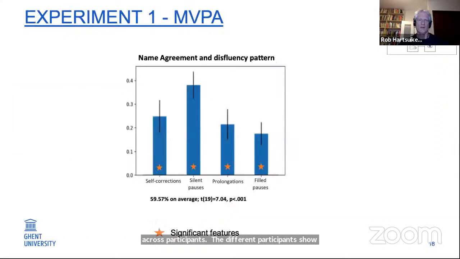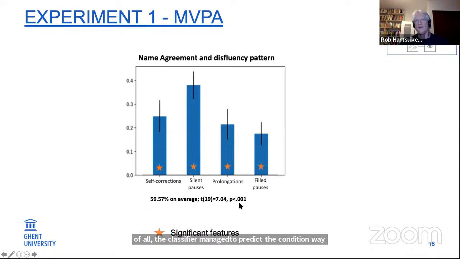And let's have a quick look. So here are the MVPA results for name agreement. What you can see first of all is that the classifier managed to predict the condition way above chance level. So almost 60% of the trials could be predicted correctly by the classifier.